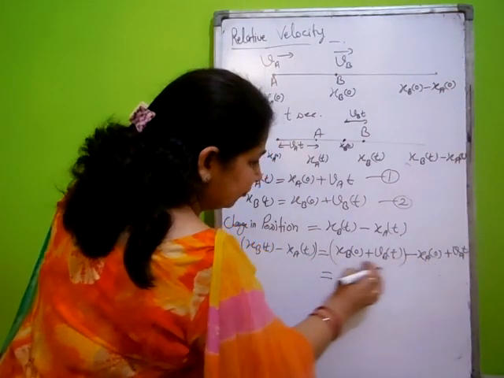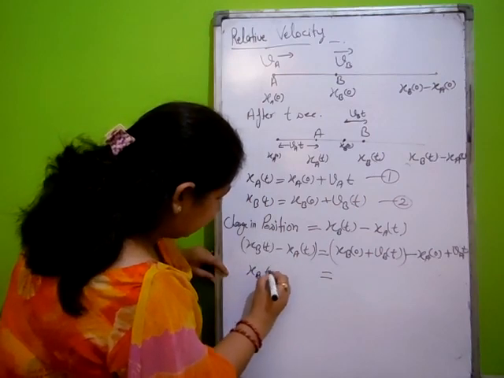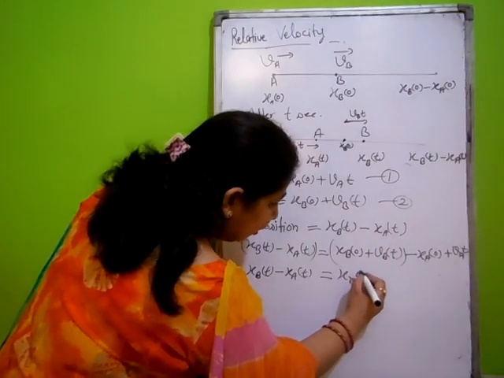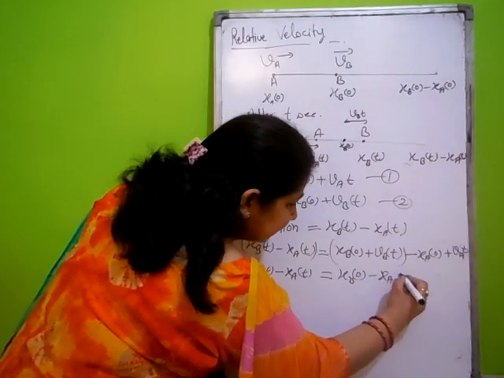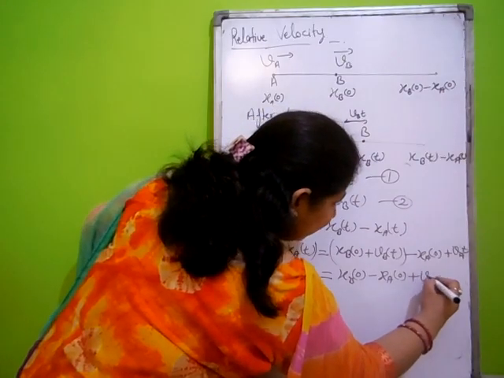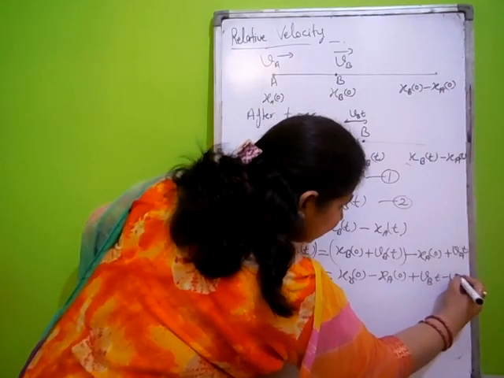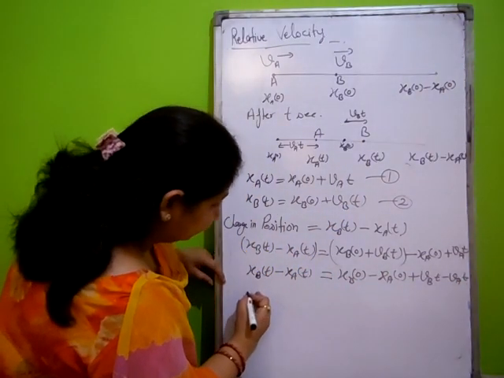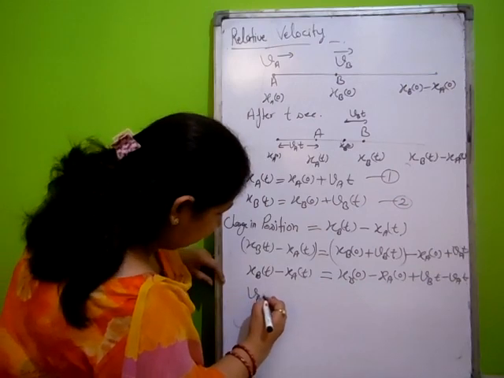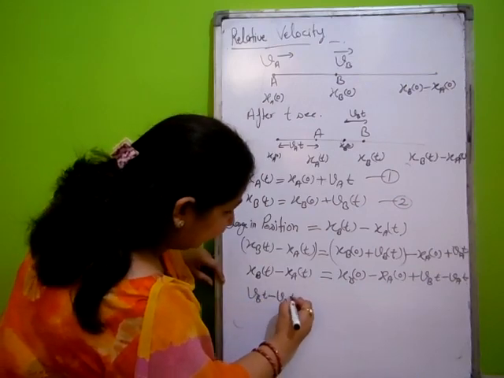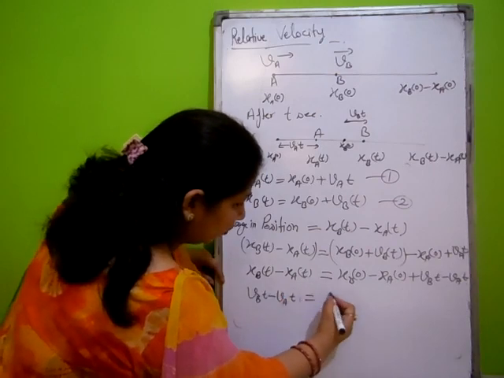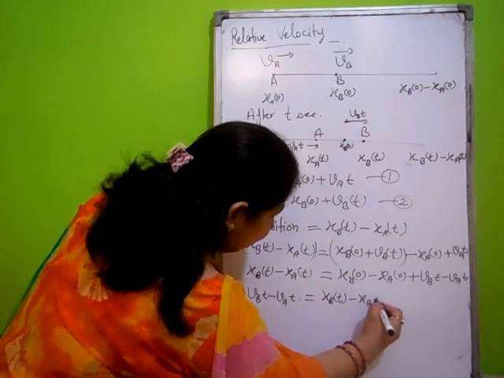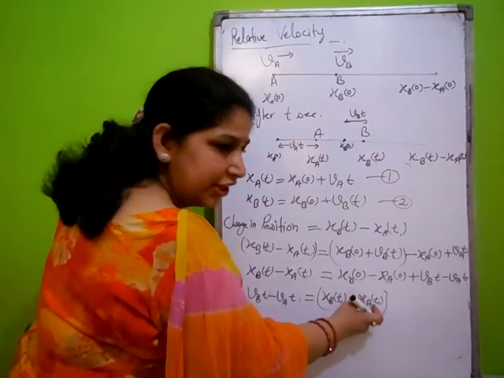We will take this term together. XBt minus XAt is equal to XB0 minus XA0 plus VBt minus VAt. Take t term out, (VB minus VA) t is equal to XBt minus XAt. This is the final position difference.